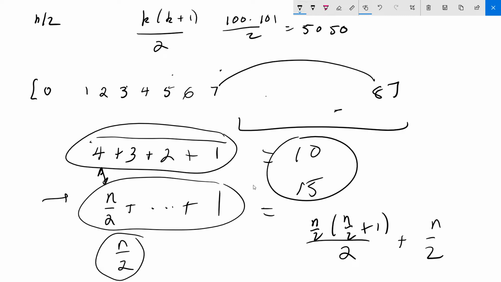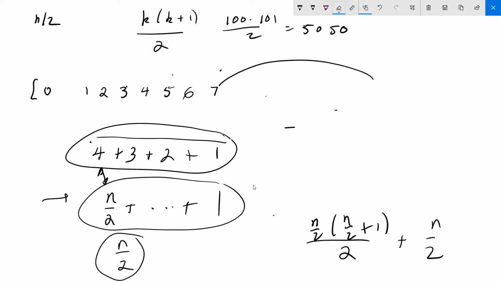Simplify it. So what will be the simplification of this? n squared over 4 plus 1 over 2 over 2 is n over 4. Multiply through, we get n squared over 4 plus n over 2.